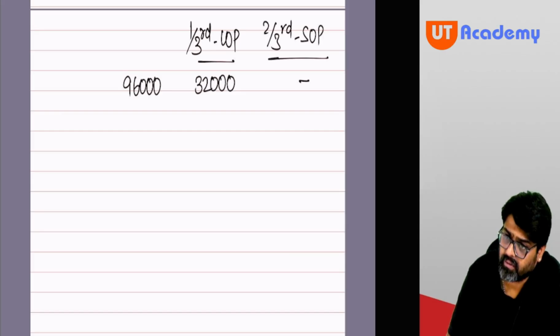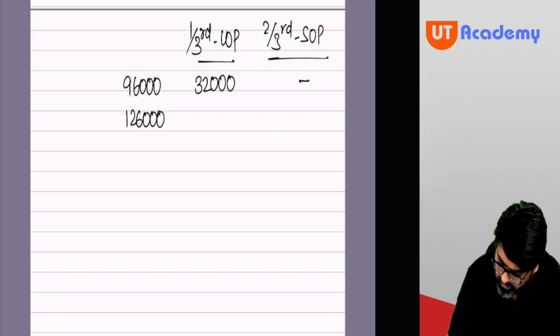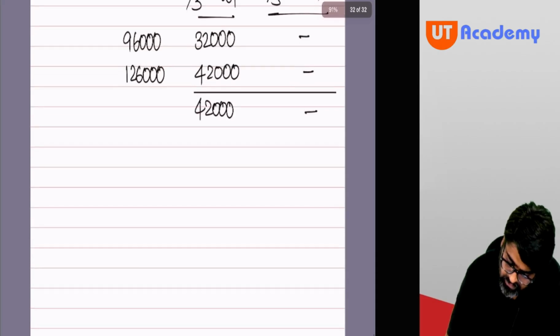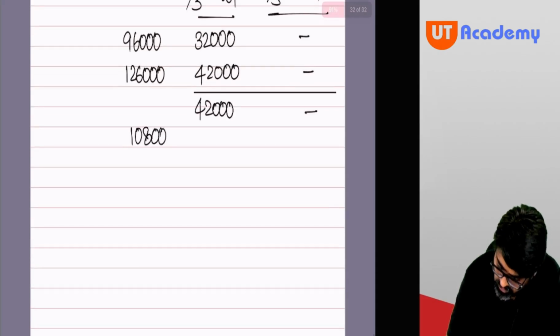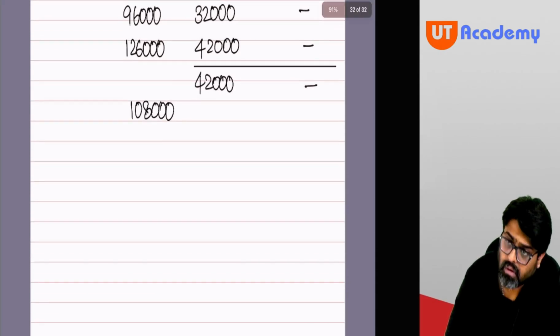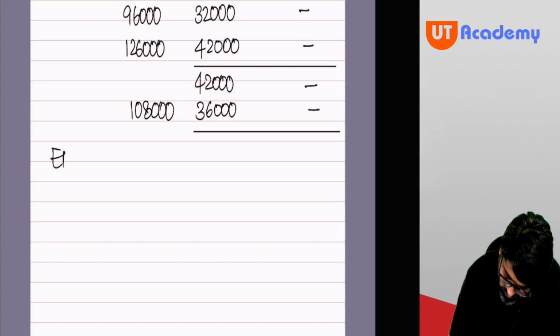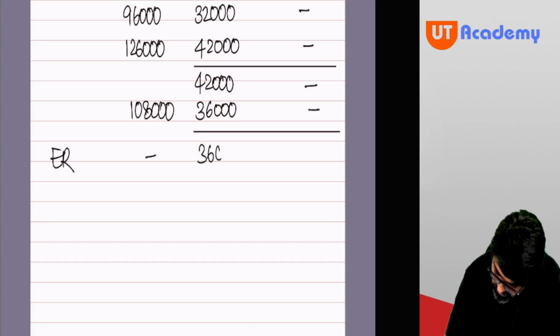What is the fair rent? 1,26,000 divided by 3. 42,000. This will be nil. So the higher amount will be 42,000. What is the standard rent? 1,08,000 divided by 3. 36,000. This will be nil. Can I say now I will get the expected rent? Expected rent will be 36,000.